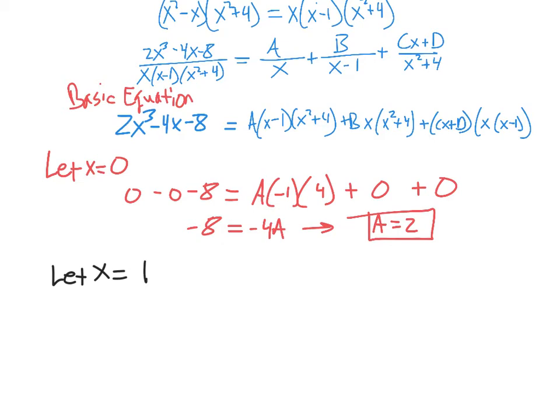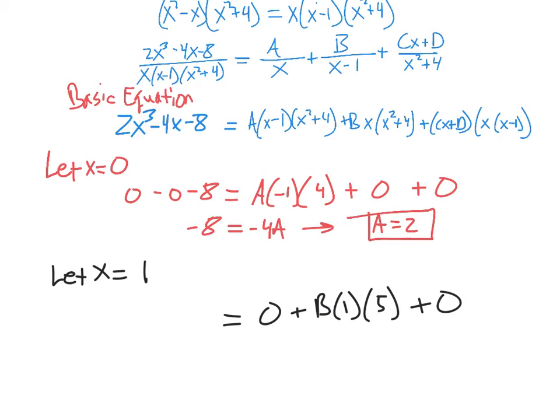That will make those two terms disappear on the end. So what do we end up with? On the right side, we get 0 plus, now x is 1, so we've got b times 1 times 1 plus 1 squared plus 4, which is 5. And this last term here is 0.